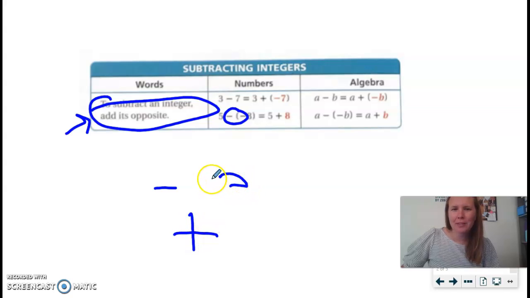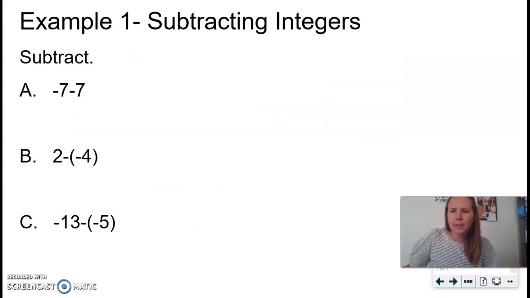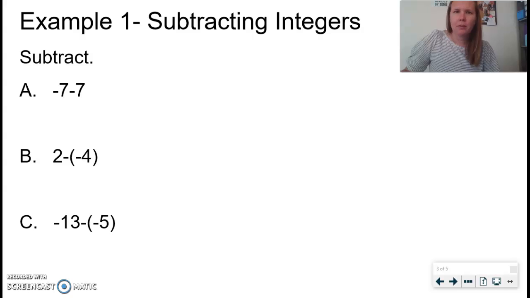So all you had to do is move this line so that it's vertical now, and you put them together. It's just an easy way, but minusing a negative just makes it a positive, and adding just the positive version of that number. So let's go ahead and look at some examples.